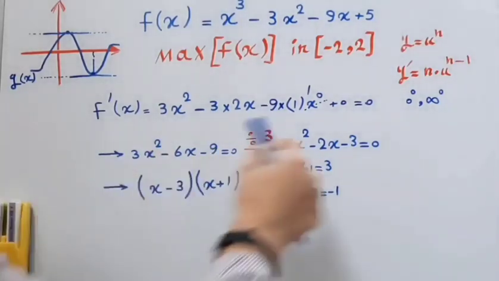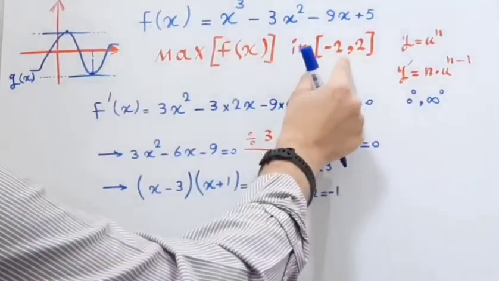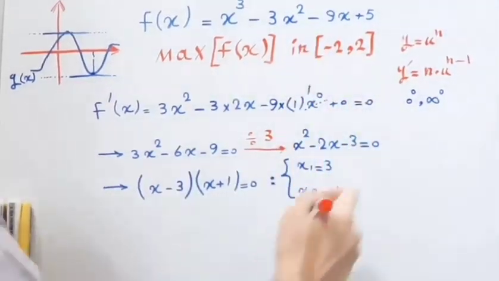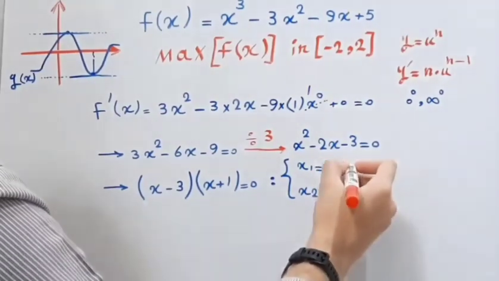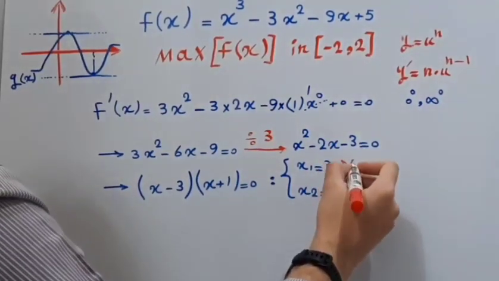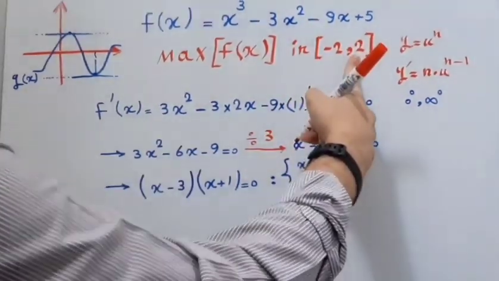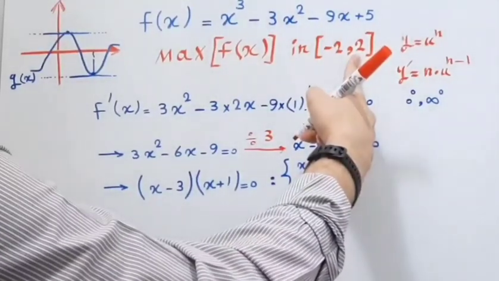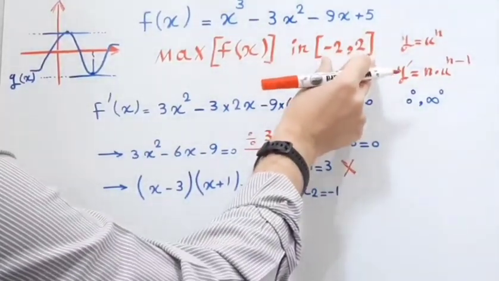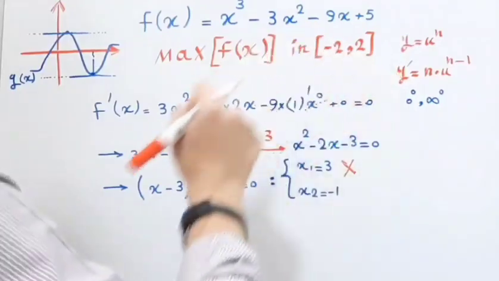And it says between minus 2 and 2, so here this one is not good at all, because it says between these two, minus 2 and 2.